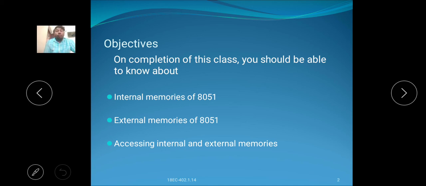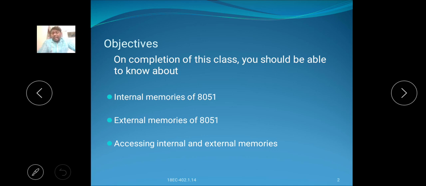The internal ROM is 4 kilobytes, with address space from 0000H to 0FFFH, and the external memory is 64 kilobytes. The internal ROM is programmed by the manufacturer when the chip is built.